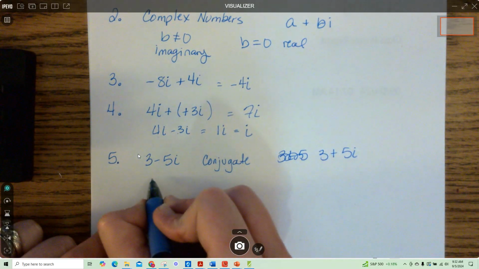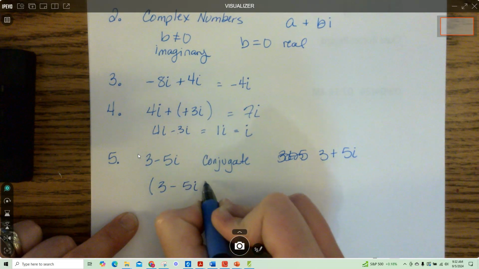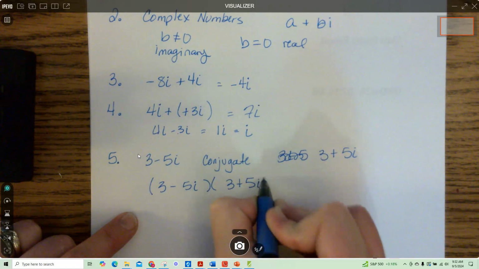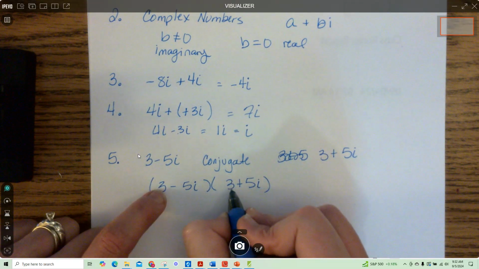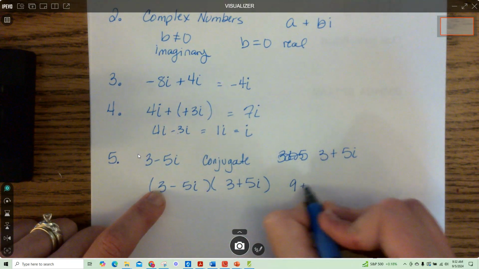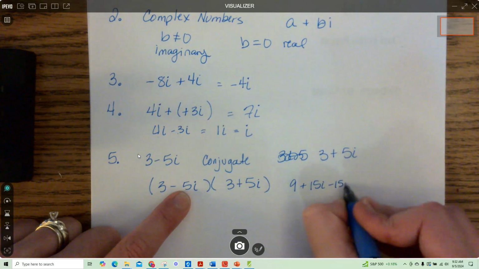It changes the sign, but the reason you do that is when we get to fractions, we can use the conjugate to simplify. If we do FOIL here, 3 times 3 is 9. 3 times 5i is 15i. 3 times -5i is -15i.